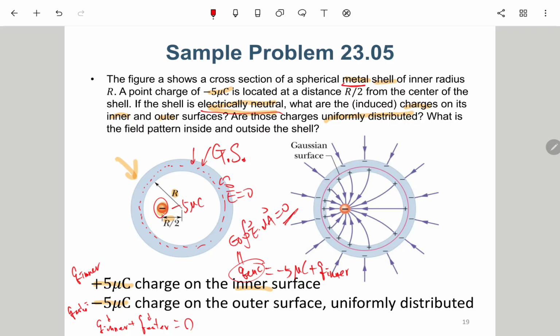So finally, what is the field pattern inside and outside the shell? And are those charges uniformly distributed? This is not easy to understand. It only tells you that for the outer surface, the charges are uniform. The charges are uniform for the outside part, but for the inside part, that is not uniform.